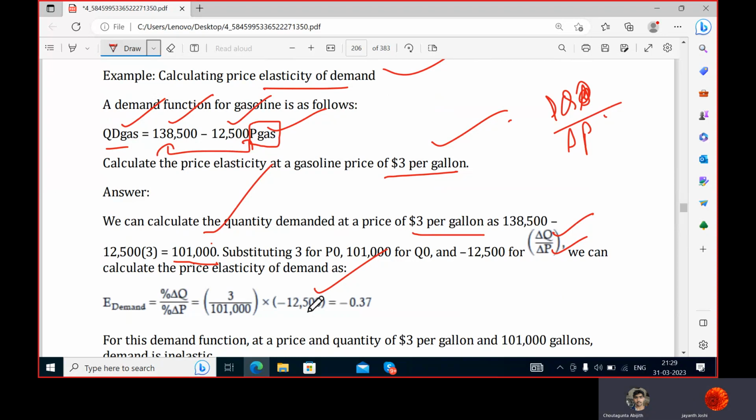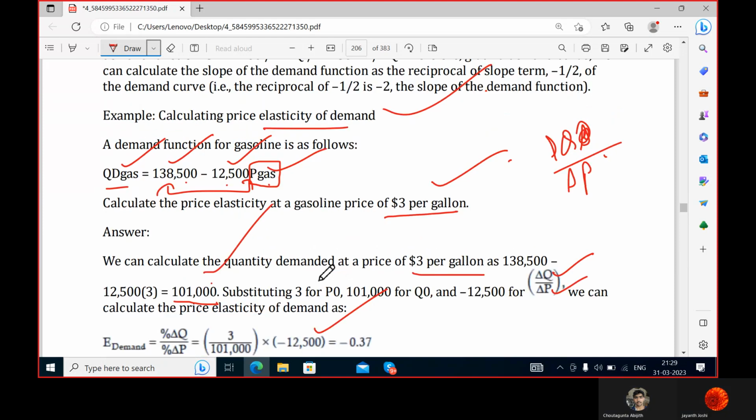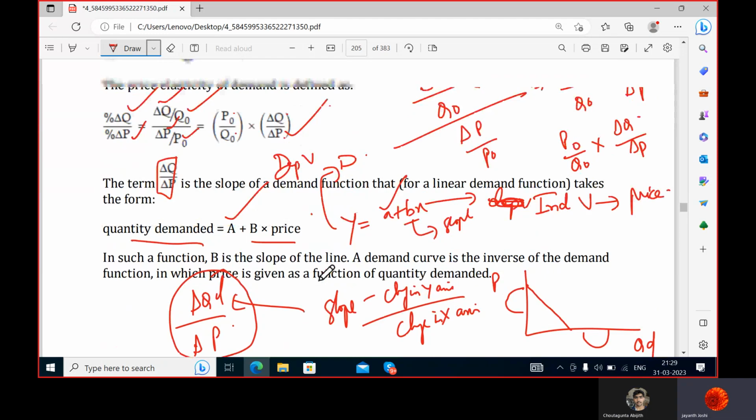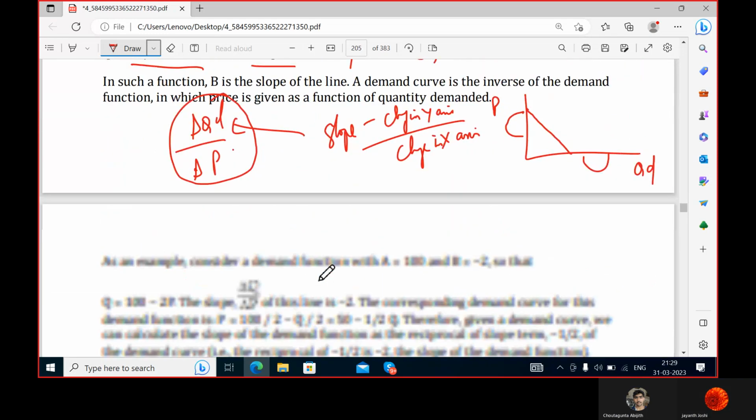And y is equal to a plus bx. And what is this, like 3 by 1,01,000? Base price by base quantity.